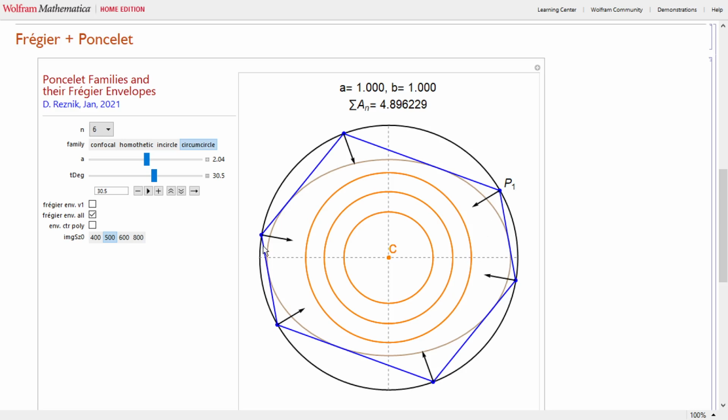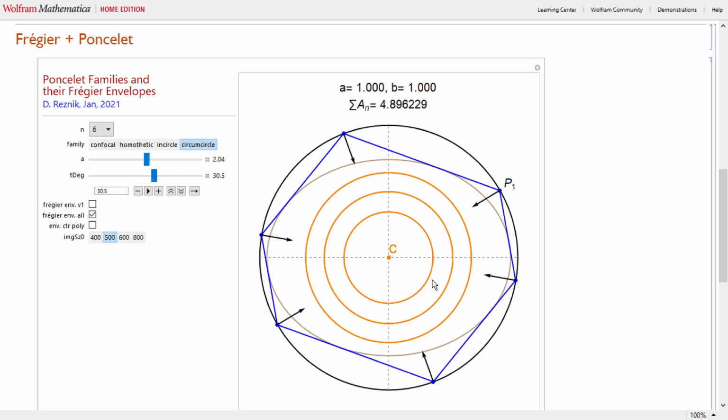Likewise for this pair and this pair. Notice that this angle here is equal to this angle, and that's basically enough for you to be guaranteed to sweep the same circle, even if the vertices were not opposite to each other. So this vertex and this vertex basically produce the same envelope.